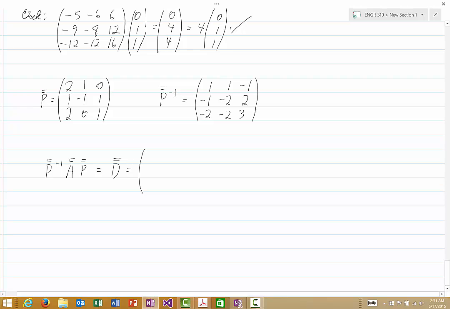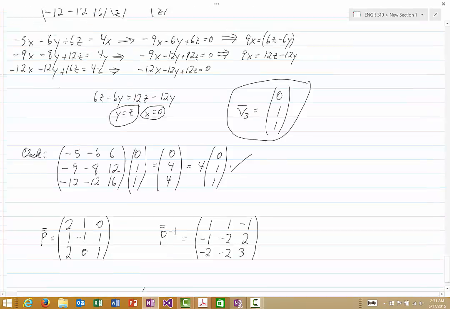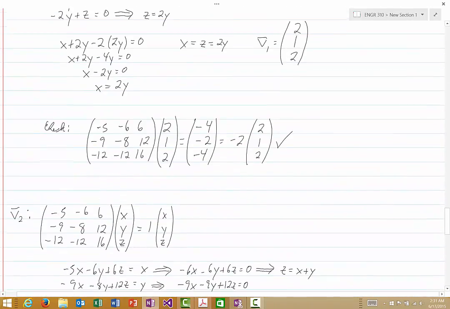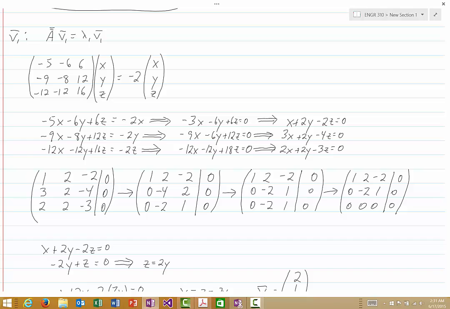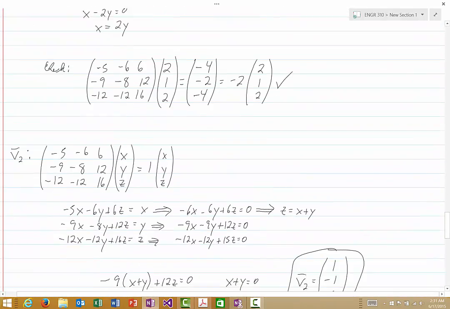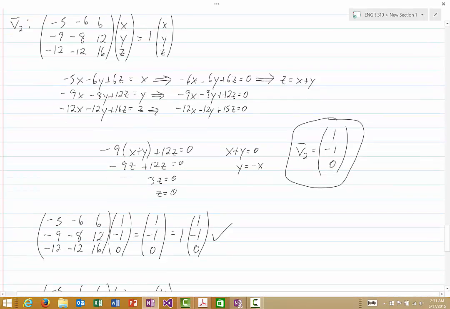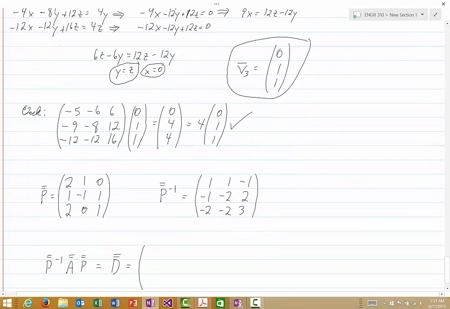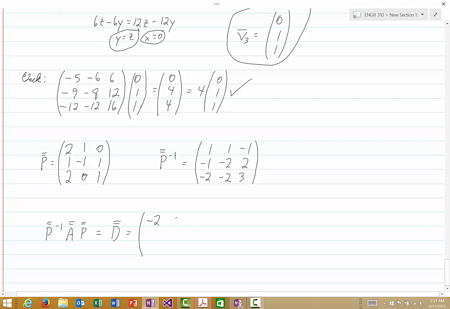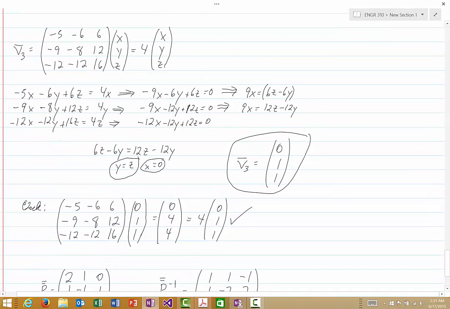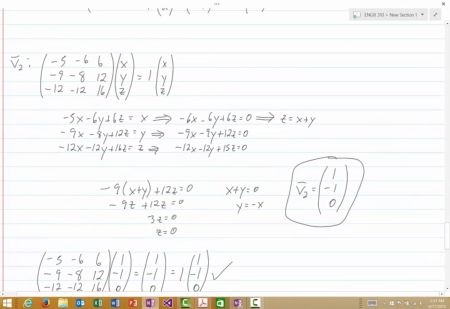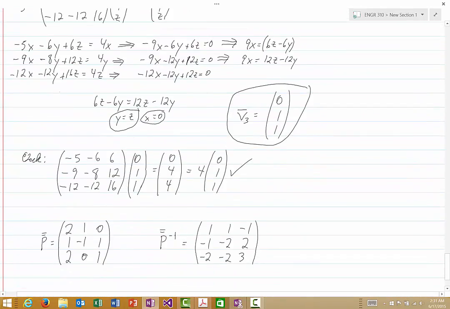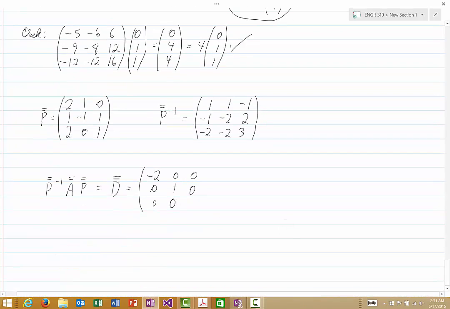whose first diagonal term is lambda 1. Remember, lambda 1 up here was negative 2. So we have negative 2, and zeros elsewhere. The second diagonal term is lambda 2, which is 1. And the third diagonal term is lambda 3, which is 4.